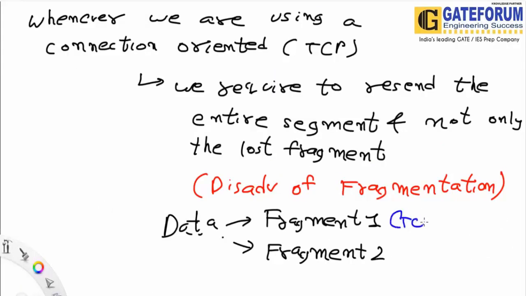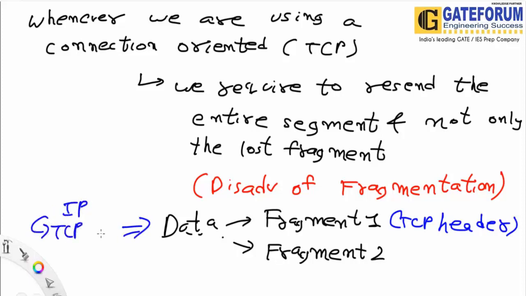Because for IP, TCP header is data. It will not consider the TCP header as a different header; it will consider the TCP header as data for IP. This would be a part of fragment 1, not of fragment 2. So that's why this option is also wrong.